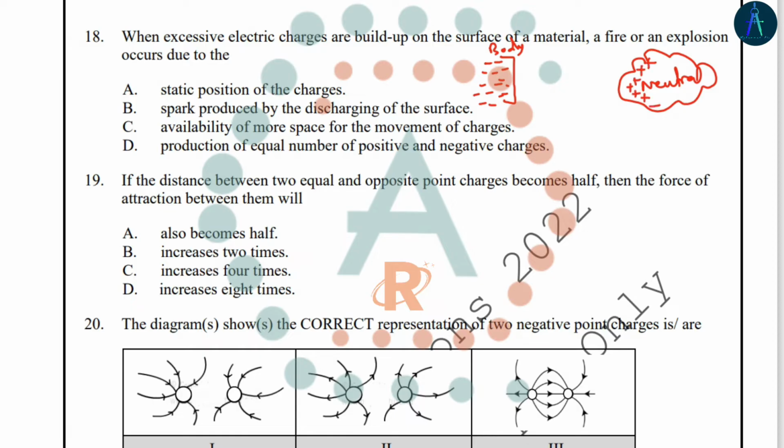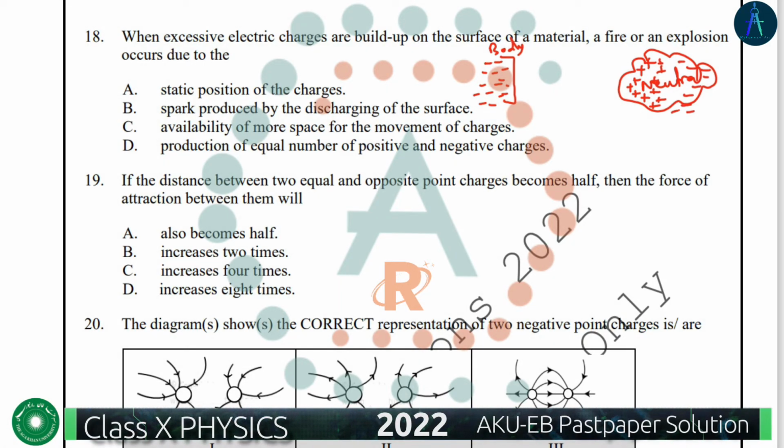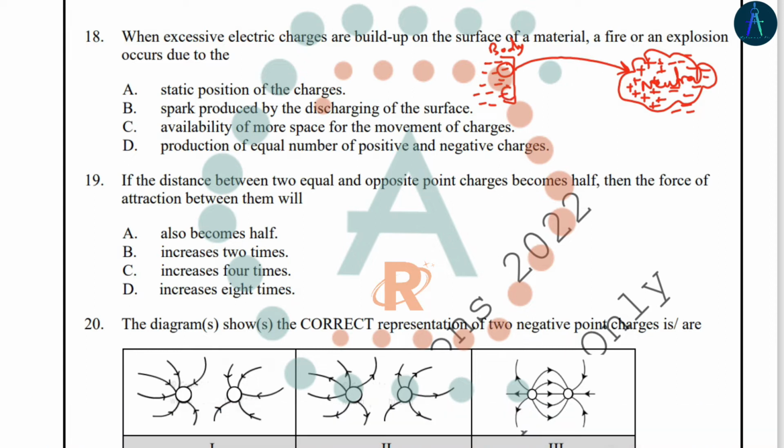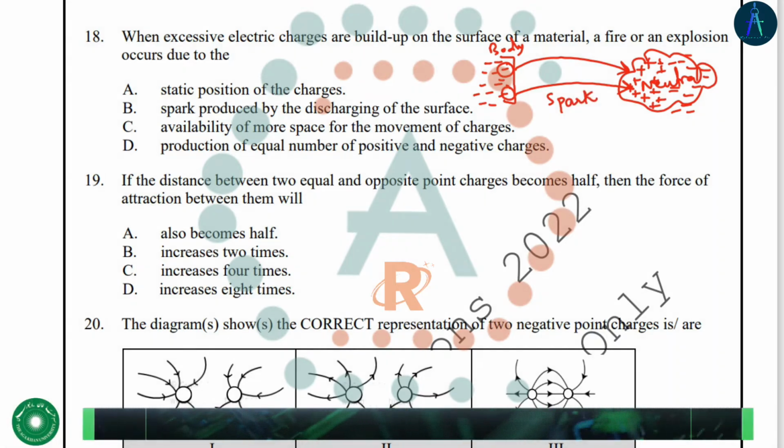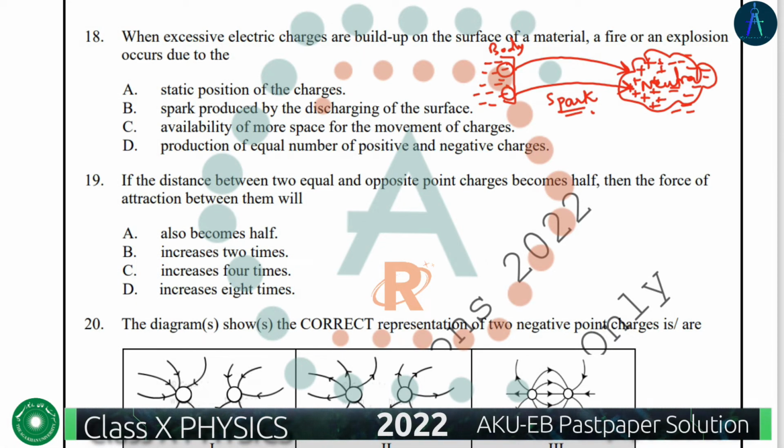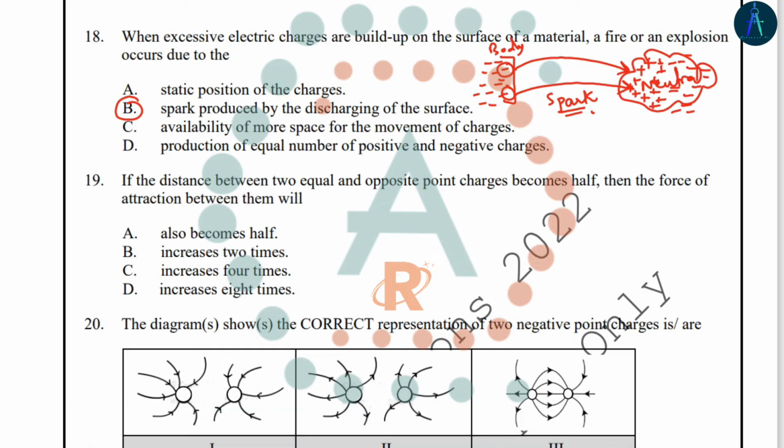When there is so much excessive charge, the neutral body becomes induced, and this negative charge will jump into the neutral body to get neutralized with the positive charge. Whenever this negative charge jumps from one body to another body, there is a spark, and this spark can cause fire or explosion. So in question 18, option B is the right answer.